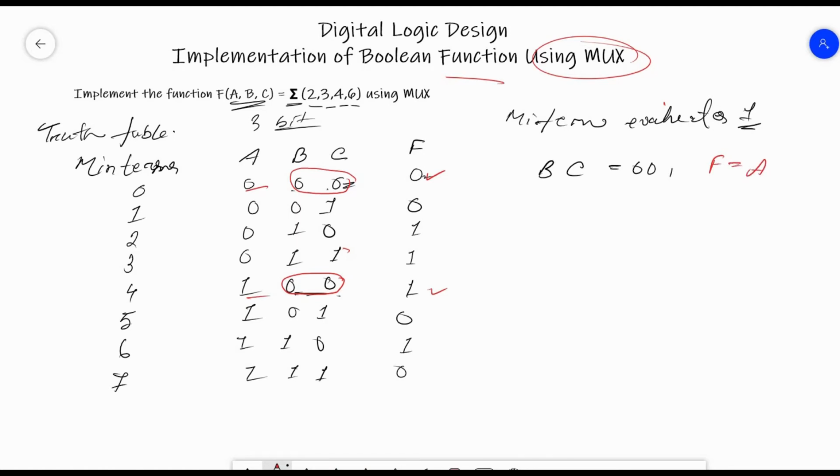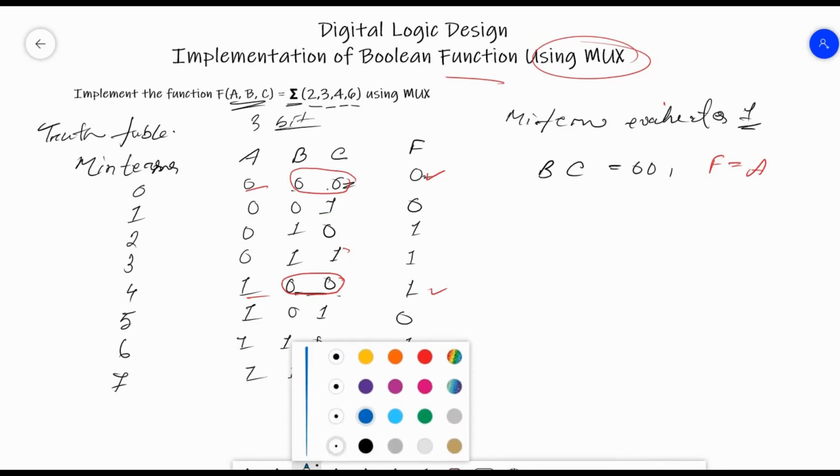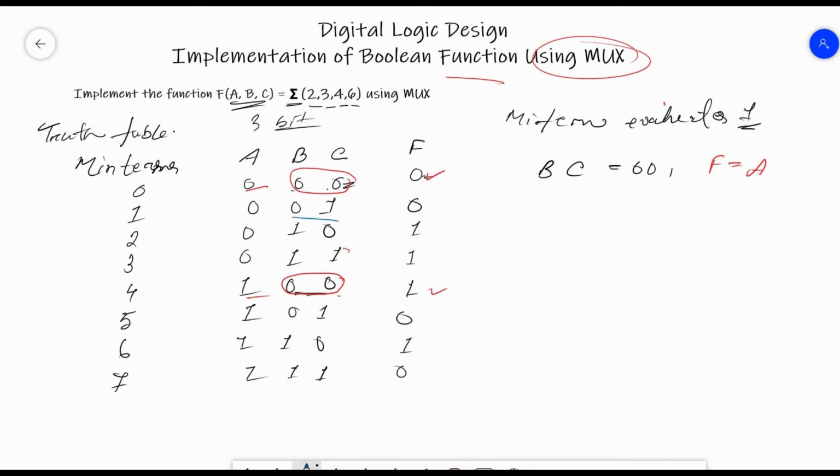Now for a different case, if we see B and C when they are equal to 0 and 1, then F here is found to be 0, and here it is also found to be 0. So when BC equals 0 and 1, F is always 0 for all the cases.